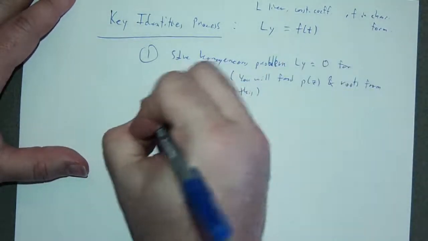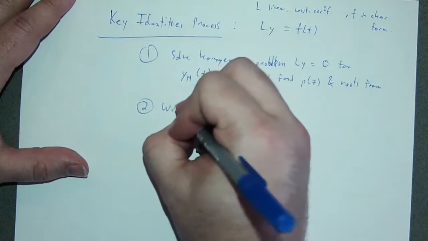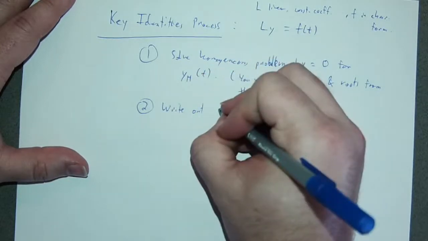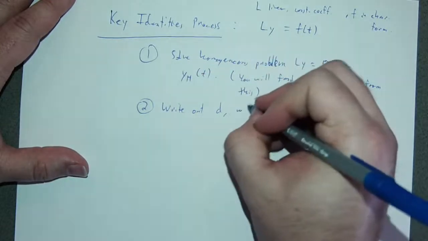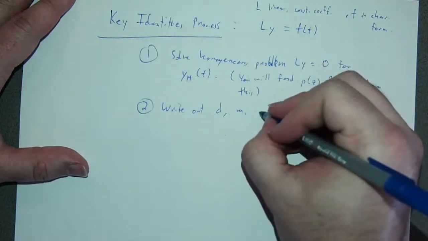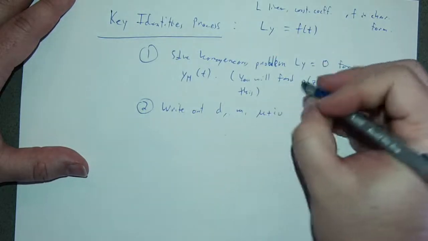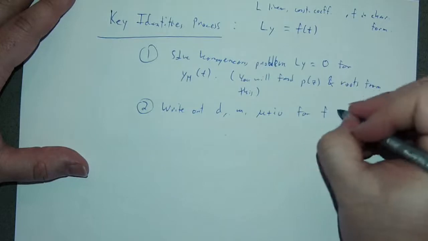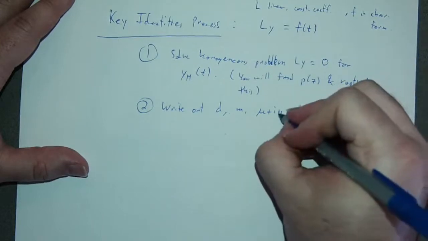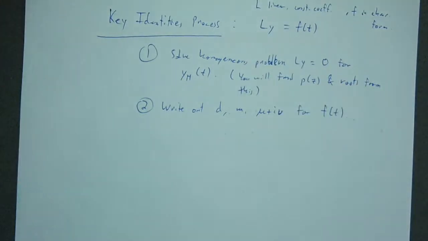Step 2: write out the degree, multiplicity, and characteristic for f, just like with undetermined coefficients.